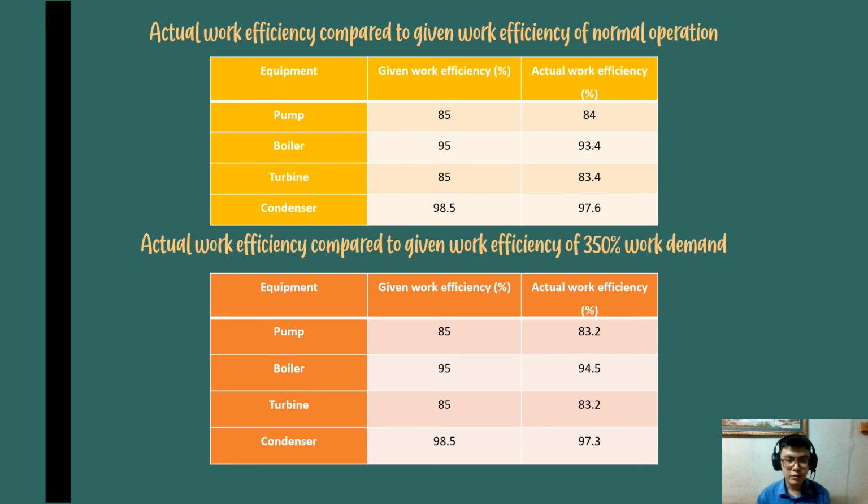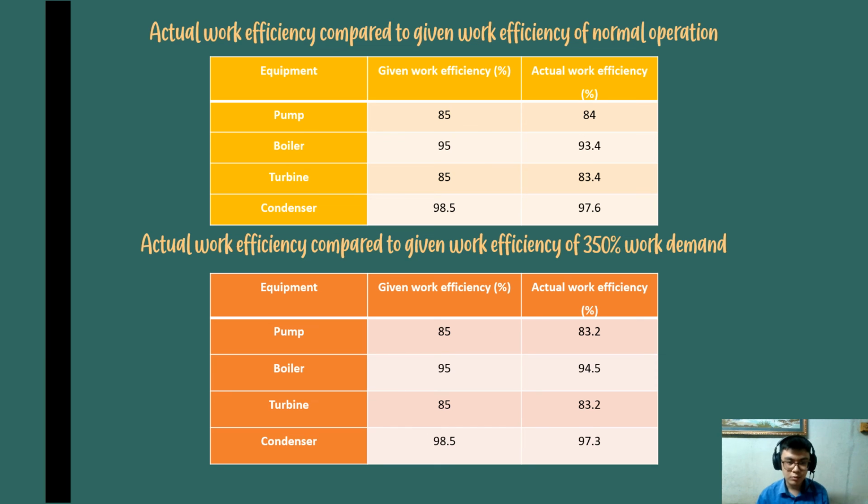So moving on to the comparison between actual work efficiency and the given work efficiency for both conditions. Firstly, I'm going to talk about the first condition, which is normal operation, which is shown in the table above. So the given work efficiency is 85% for the pump, 95% for the boiler, 85% for the turbine, and 98.5% for the condenser.